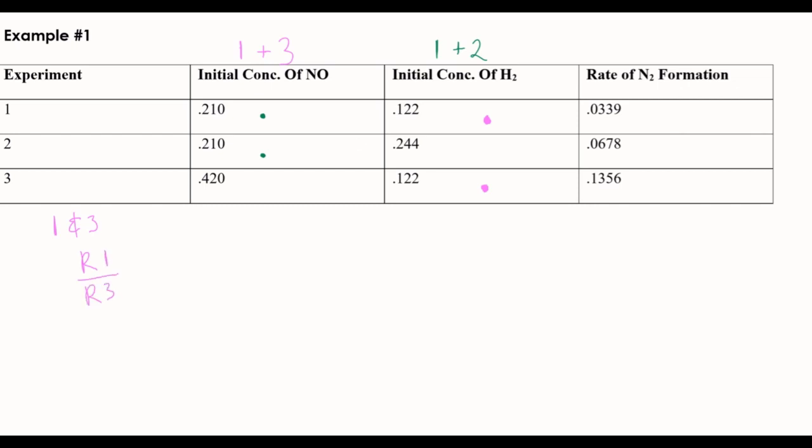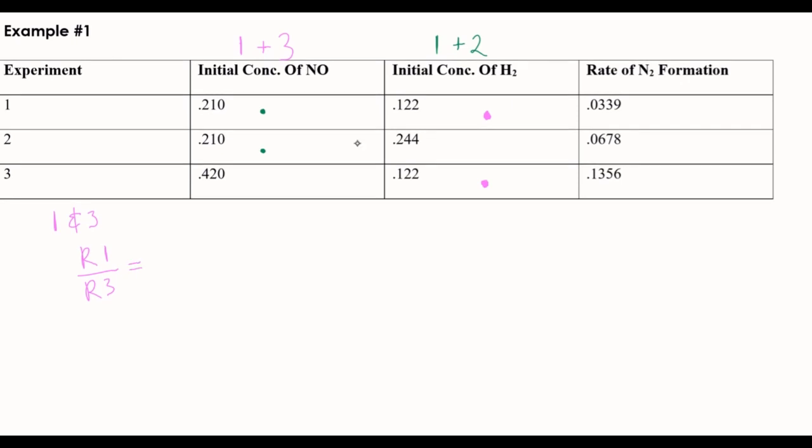And I'm going to use that equation I gave you above, where we take K multiplied by A, which in this case is NO, to the M power, multiplied by B, which is H2 in this case, to the N power. And it's going to be the same thing on the bottom. The top ones are for rate 1, and the bottom ones are for rate 3.